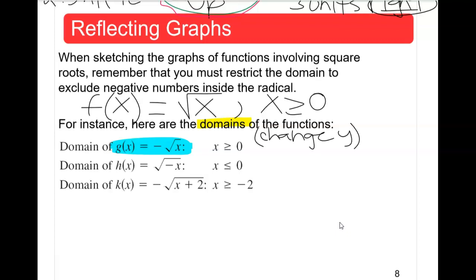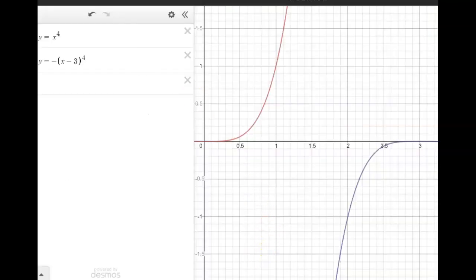So we call this a reflection across the x-axis. Let's go ahead and graph them both so you can see the reflection across the x-axis.